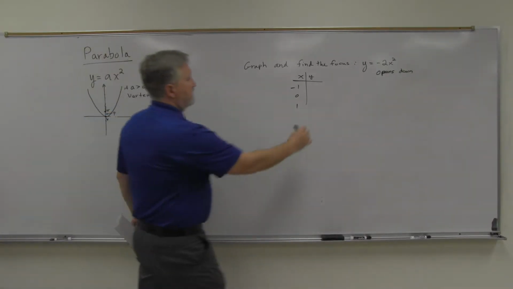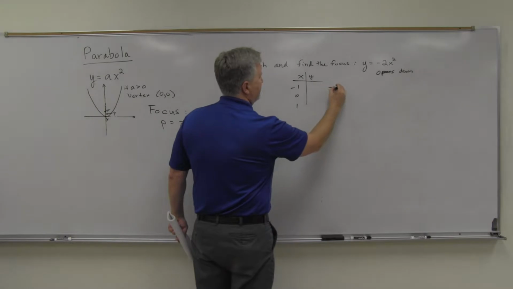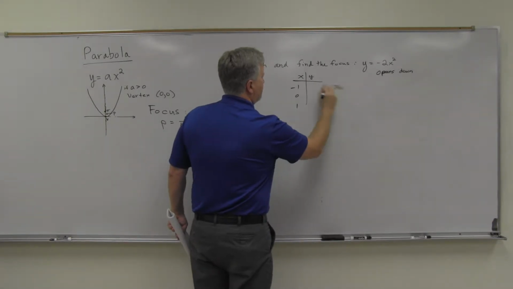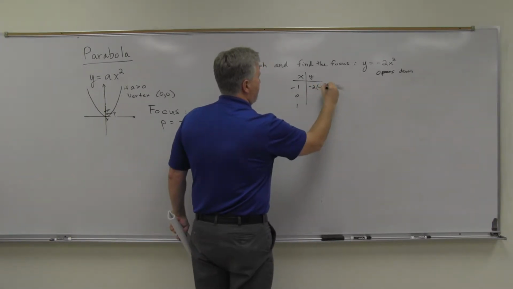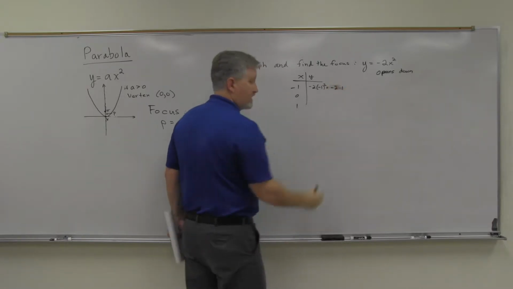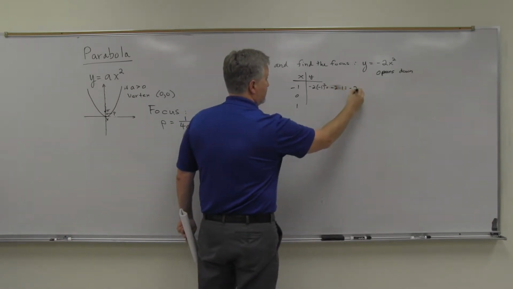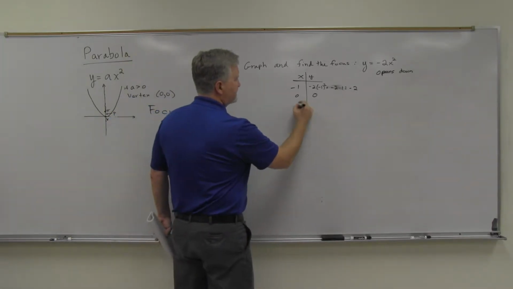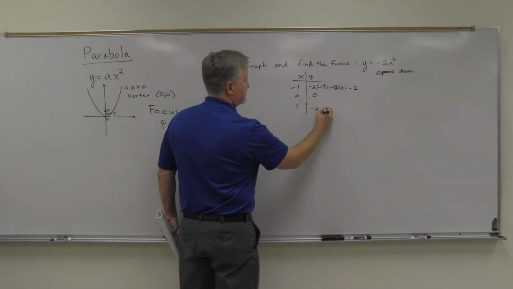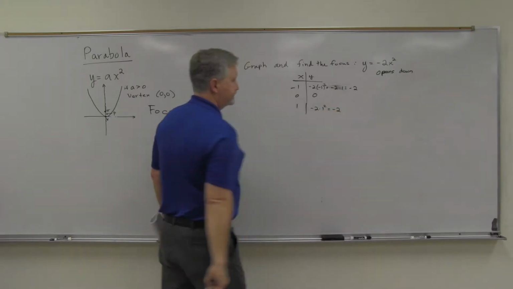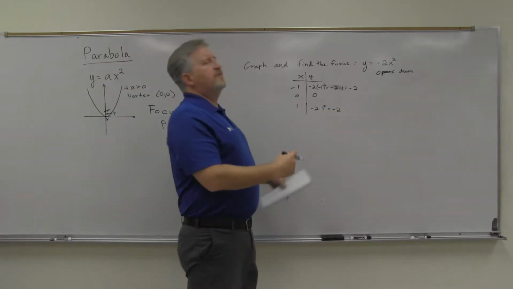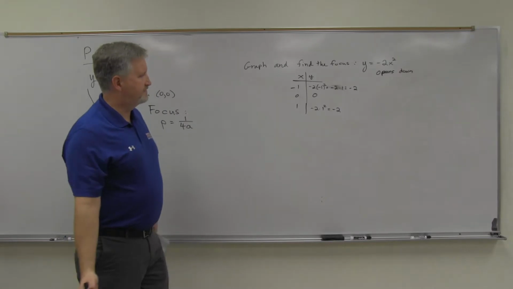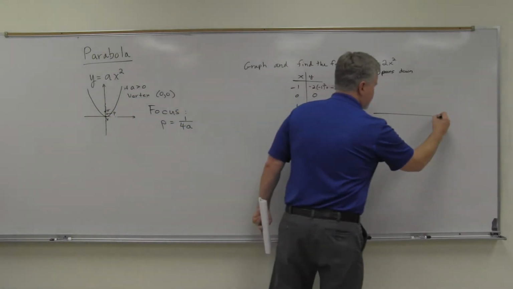So the y, for x is negative 1, would be negative 2 times negative 1 squared, which is negative 2 times positive 1, which is negative 2. And then we already know 0, 0, and then x is positive 1 gives us negative 2 as well. And since we know it's a parabola, that's probably enough. If we didn't know what it was, maybe not.